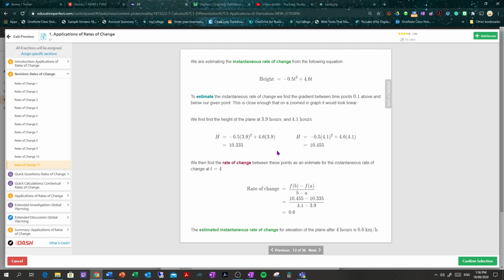Now, they're not doing first principles here, so they're not doing our formula. But if we take the height formula as this parabola and differentiate it using the power rule, we can figure out what that instantaneous rate of change is.